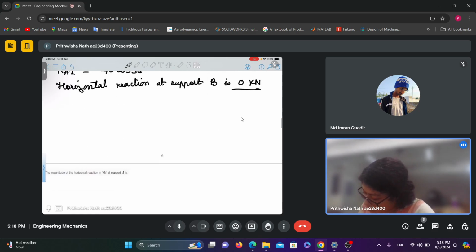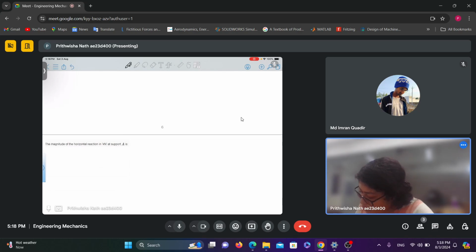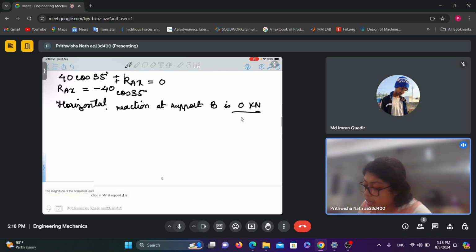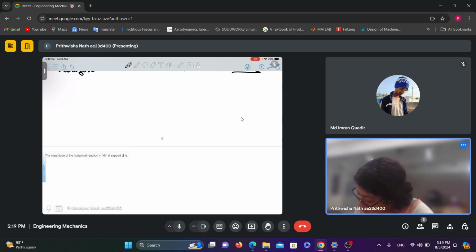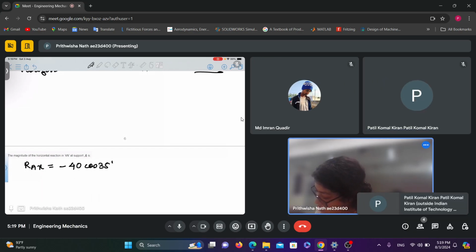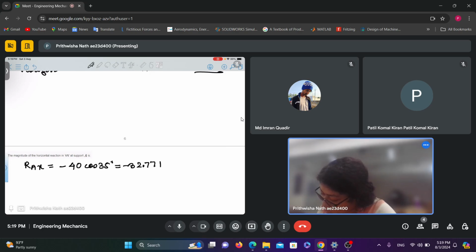Now, next question. The magnitude of the horizontal reaction in kilonewton at support A. So I already found this out. That is RAX, that is minus 40 cos 35 degree, that is equals to minus 32.77 kilonewton.